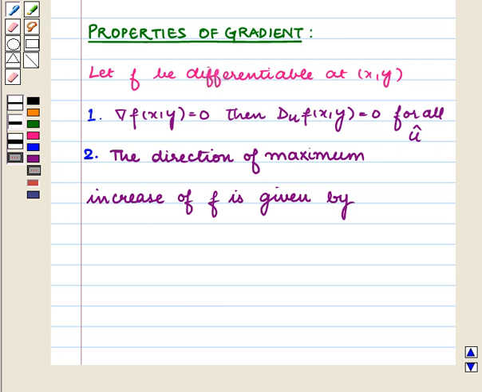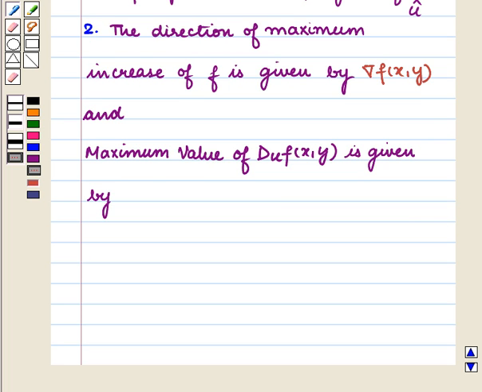The direction of maximum increase of f is given by gradient of f of xy, and the maximum value of D sub u of f of xy is given by norm of gradient of f of xy.